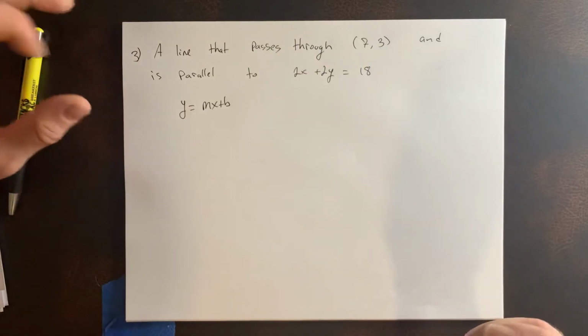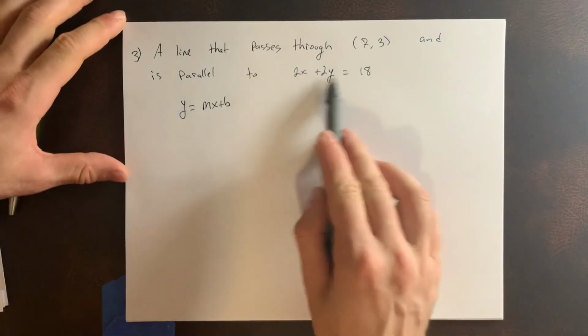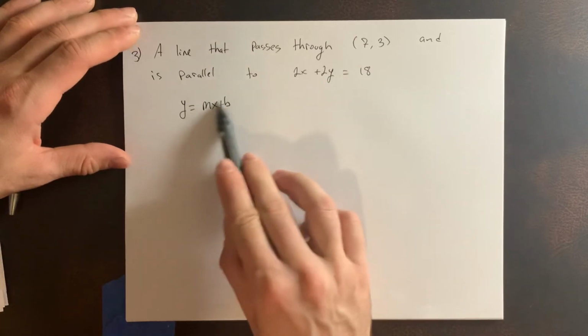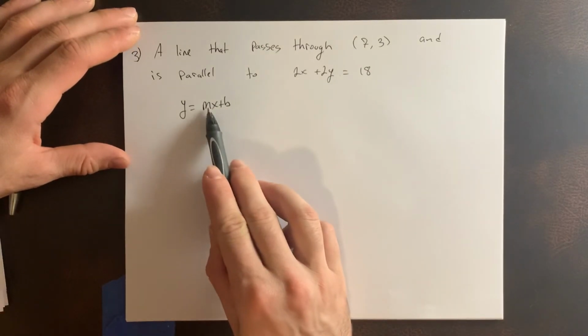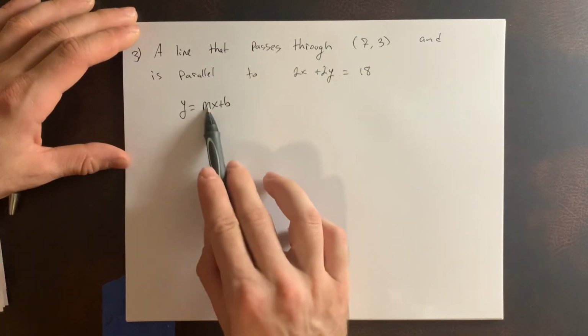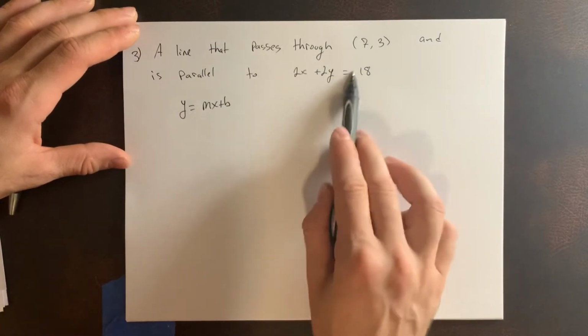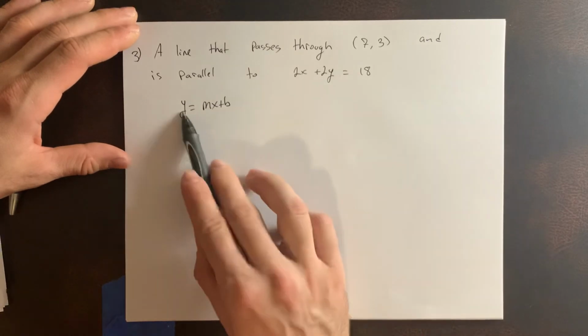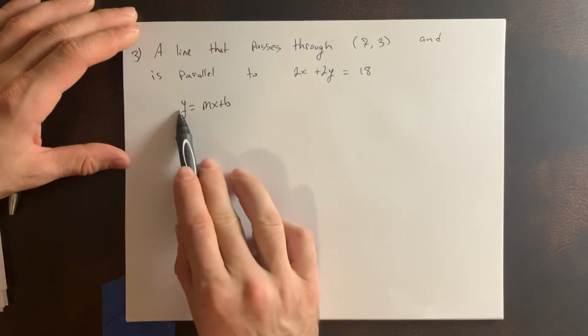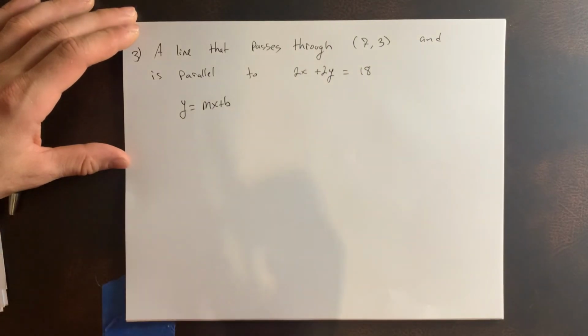So we knew that the number just attached to the x was the slope. In this situation, this isn't of this form. So in order to find the slope of this line, we need to manipulate this to look like this. So we need to get y equal to mx plus b. So we need to get y alone on one side and everything else on the other side.